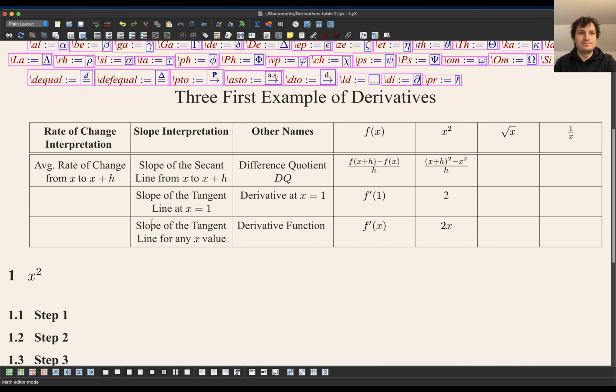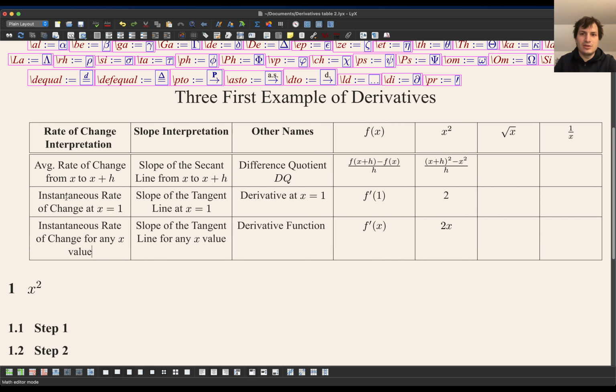The interpretation of this is not the average rate of change, but instead the instantaneous rate of change of the function at x equals 1, and the instantaneous rate of change for any x value.